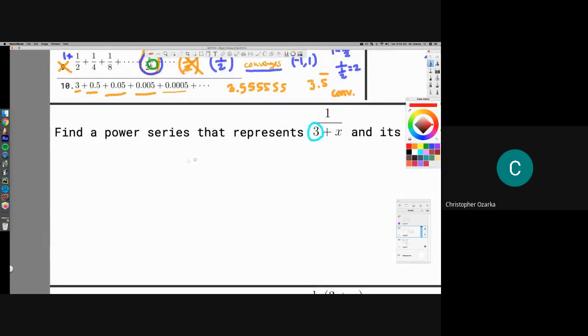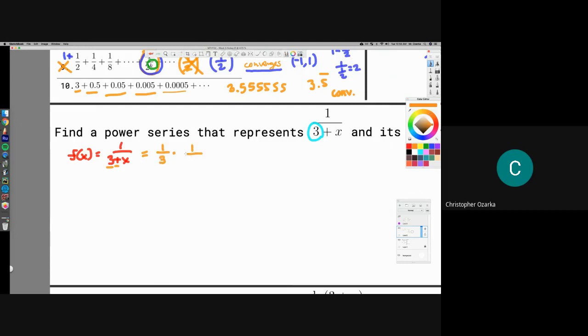So let's just say this is our function, and it's equal to 1 over 3 plus x. We need to make that first number right here a 1. To make that 3 a 1, what I'm going to do is factor out a 3 on the bottom, so I'm going to factor out a 1/3 here.